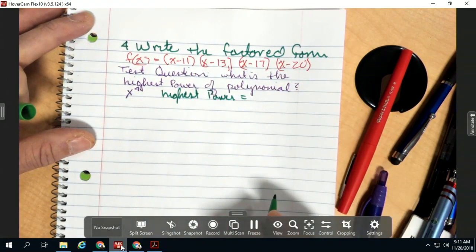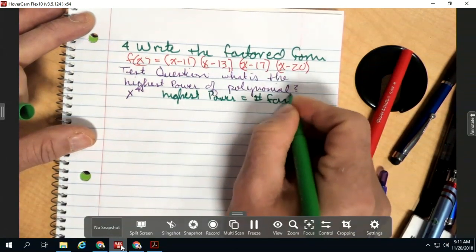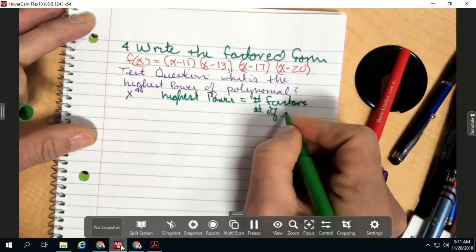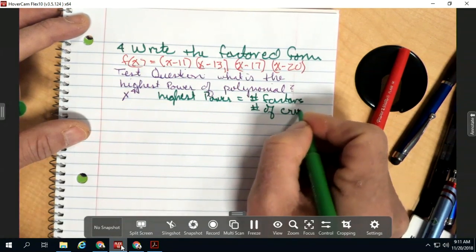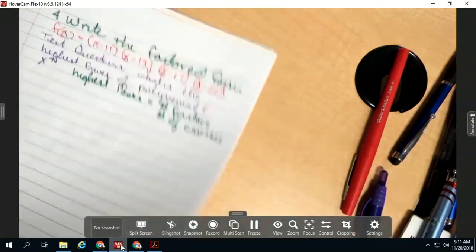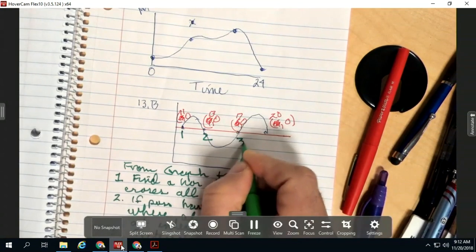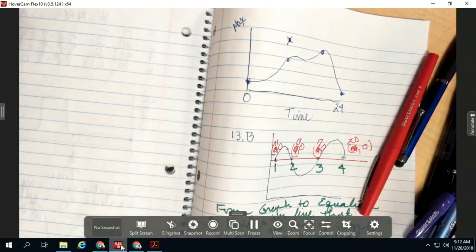Equals... Good. Number of factors. Or the number of crosses. Right? So we go back here. We crossed here. 1, 2, 3, 4. Right? What's a turning point?